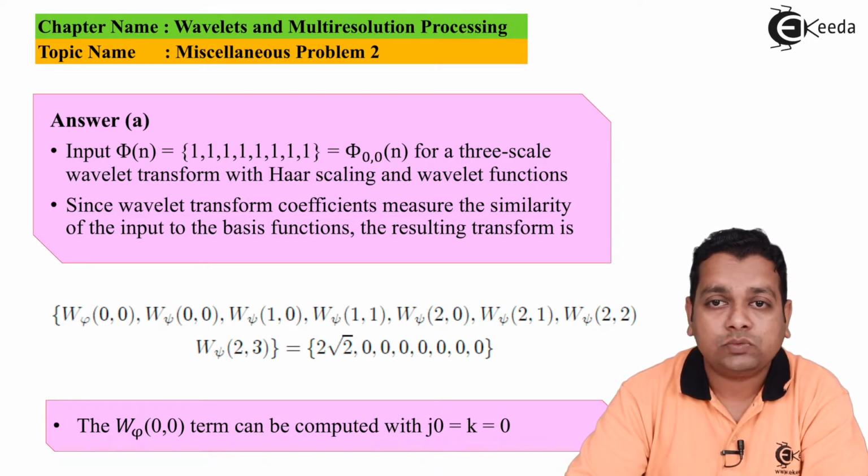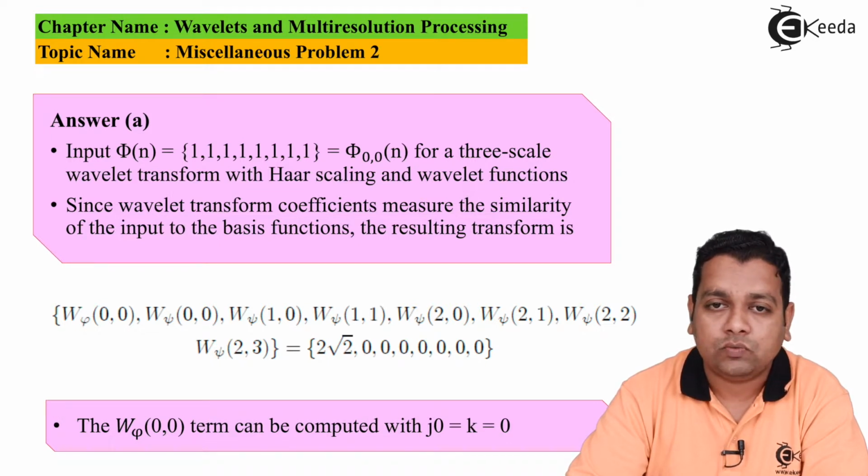Since the wavelet transform coefficients measure the similarity of the input to the basis functions, the resulting transform we can write here. The set can be W suffix phi of 0, 0, W suffix psi of 0, 0, W suffix psi of 1 comma 0, W suffix psi of 1 comma 1, W suffix psi of 2 comma 0, W suffix psi of 2 comma 1, W suffix psi of 2 comma 2, and lastly W suffix psi of 2 comma 3.